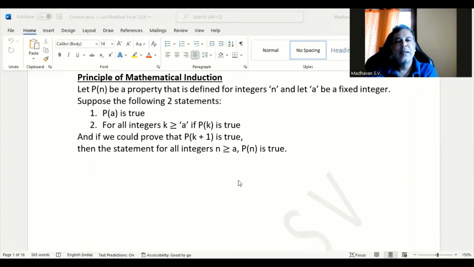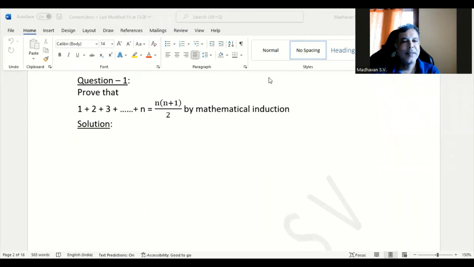Subsequently, we will be seeing some formulas, equations or statements which can be proved using mathematical induction. In this one, we will see how to prove 1 plus 2 plus 3 up to n equals n into n plus 1 by 2 using mathematical induction.